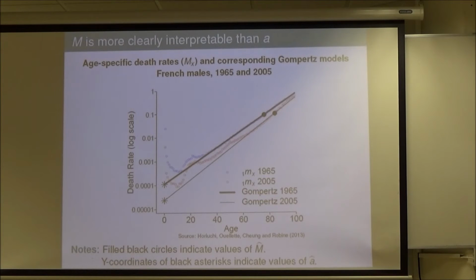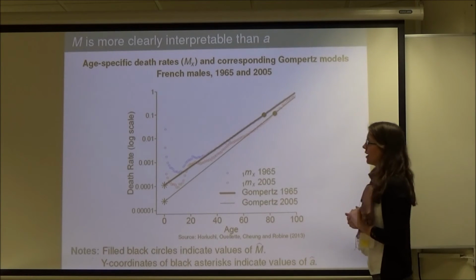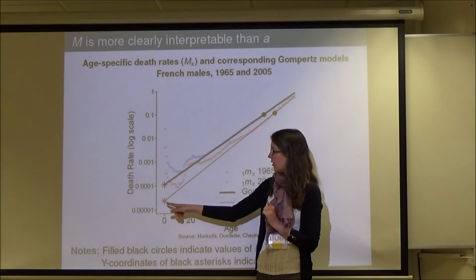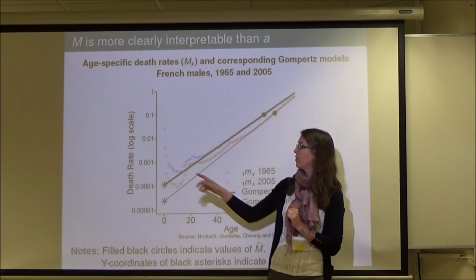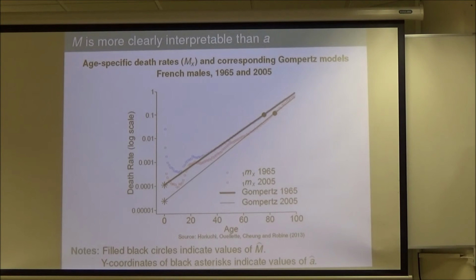Therefore, A is a highly hypothetical quantity, I would say, and its interpretation is not as straightforward as M. For instance, if you compare actual values of the central death rate at age 0, the values in 1965 and 2005 are actually quite different from what you obtained for the parameter A. So that's an issue.